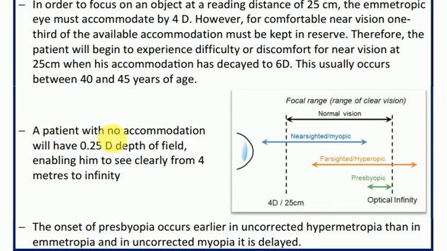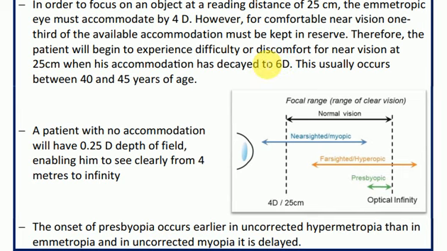A patient with no accommodation will have 0.25 diopter depth of field, which enables him to see clearly from 4 meters to infinity. So when accommodation is decreased to 6 diopter, we start discomfort at near vision, and this difficulty and discomfort for near vision due to reduced amplitude of accommodation is said to be presbyopic.